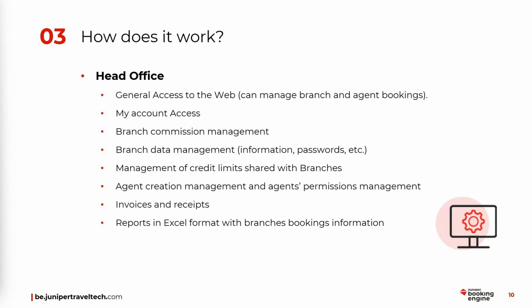The head office has general access to the web, can manage bookings from branches and agents, access the account management, manage commissions at branch level, manage branch data information and password, for example, configure credit limits shared with the branches, create agents and manage agent permissions, has control over invoices and receipts, has access to Excel reports with branches booking information as well.